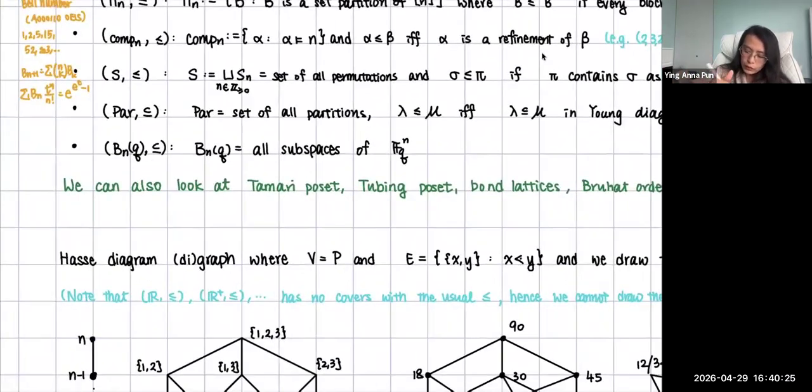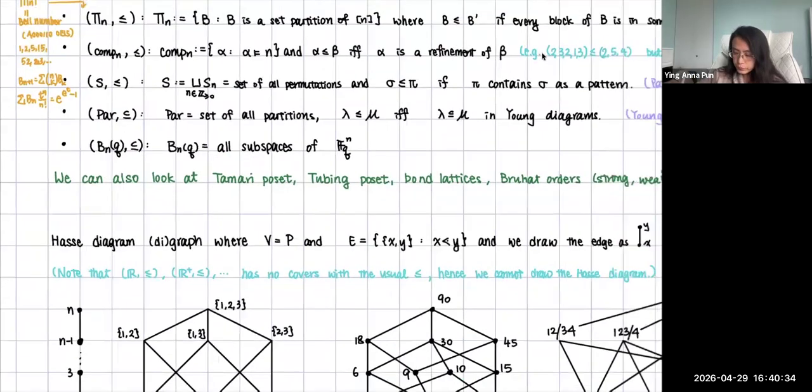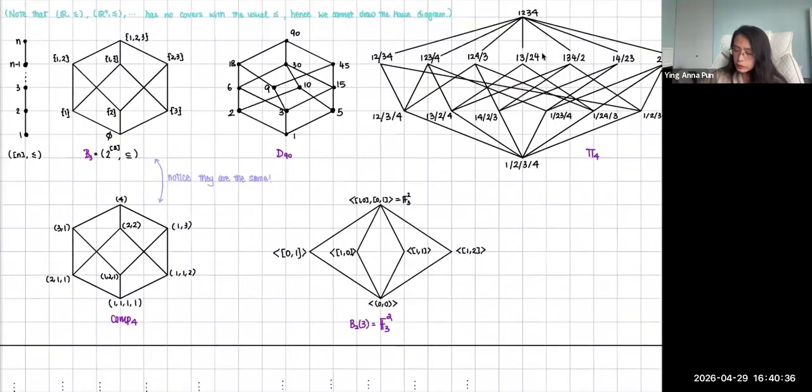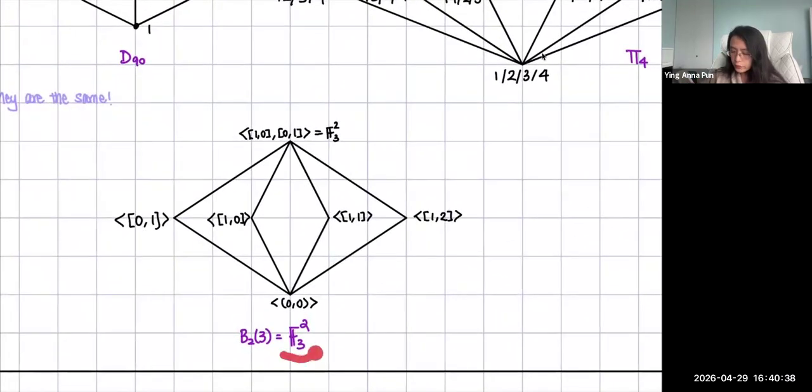And then the last one that we talk about is the B_n(q), which is all the subspaces of F_q^n. So for example, here, if we look at F_3^2, meaning that you are a 2-dimensional space over F_q, here the q is 3, and 2 is the dimension.